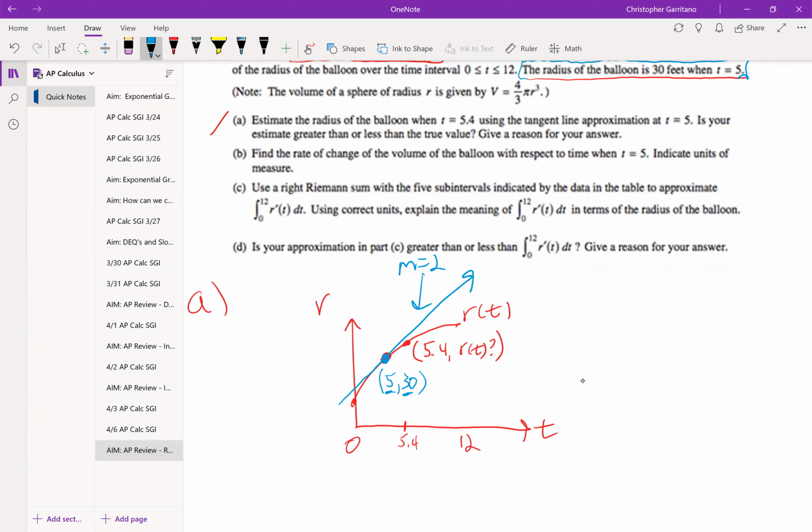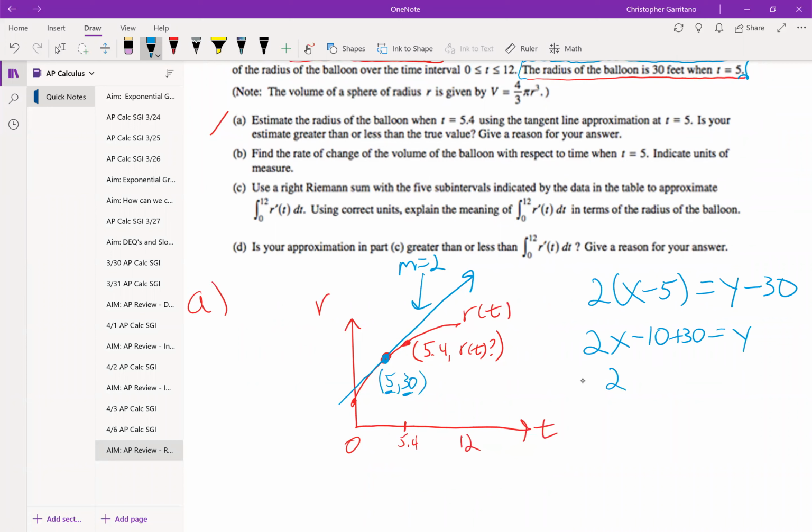So you'll notice that for this tangent line, I have a point and I have a slope. And so I can use point slope form in order to find the equation of this tangent line. So I have 2 times x minus 5 is equal to y minus 30. 2x minus 10 plus 30 is equal to y.